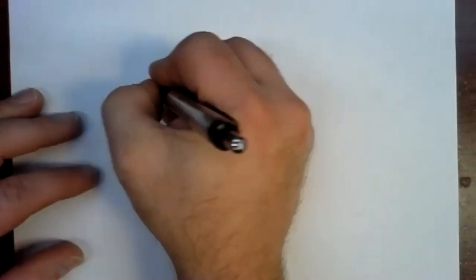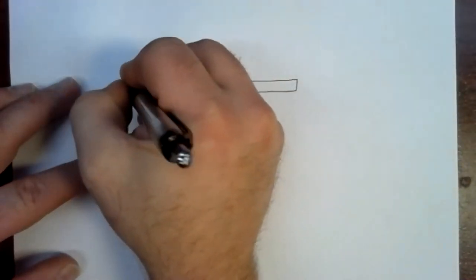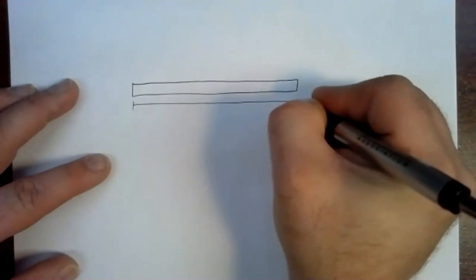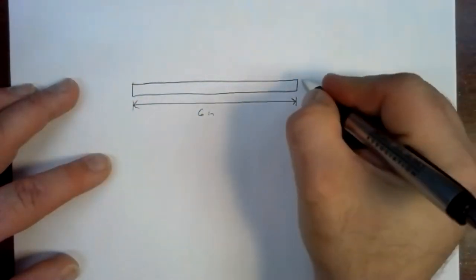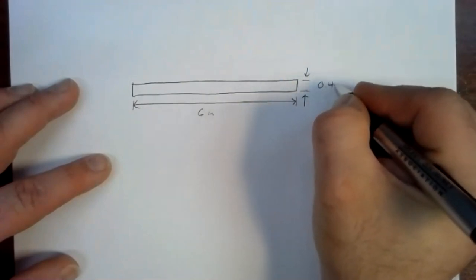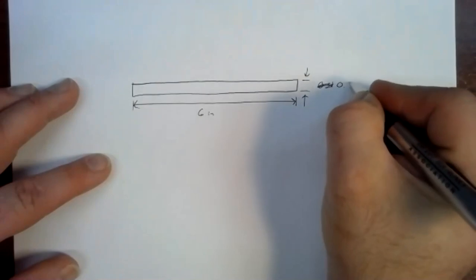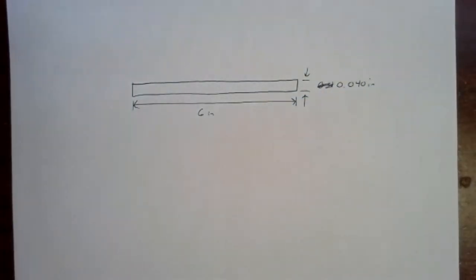Think about shearing sheet metal. If we take a piece of sheet metal, let's say it's 6 inches long and maybe 40 thousandths of an inch thick.